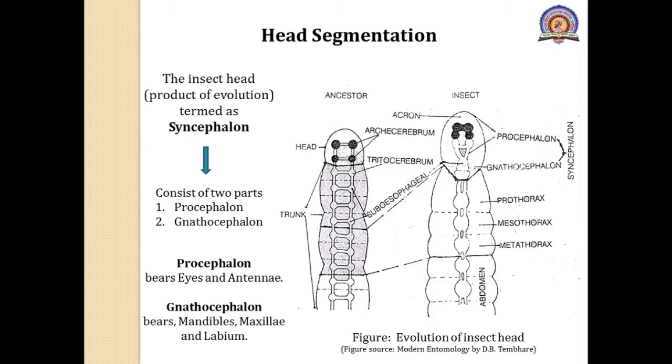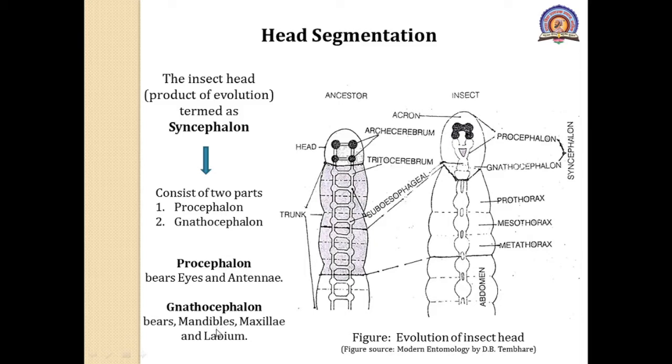And in addition to that, for formation of this syncephalon, there is an incorporation of at least one trunk segment into the head of the ancestor, and so this syncephalon part of the insect gets formed. The second one is a gnathocephalon.